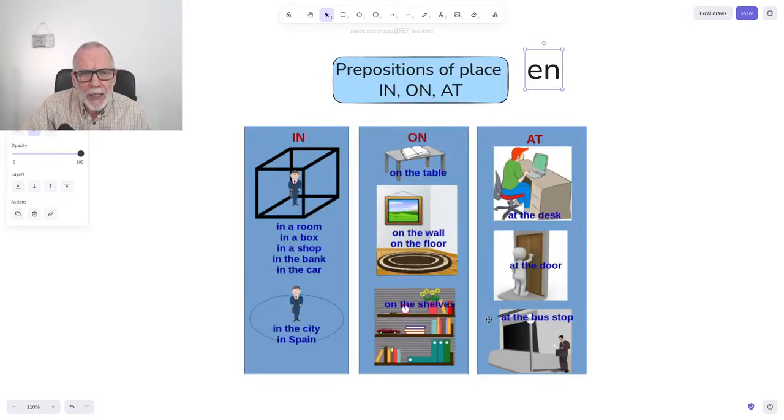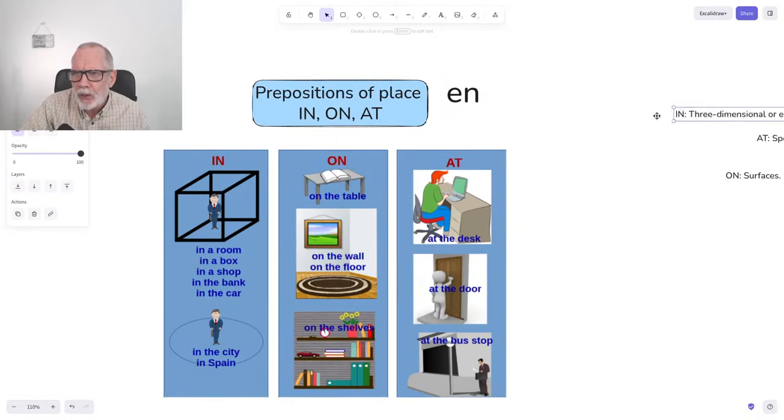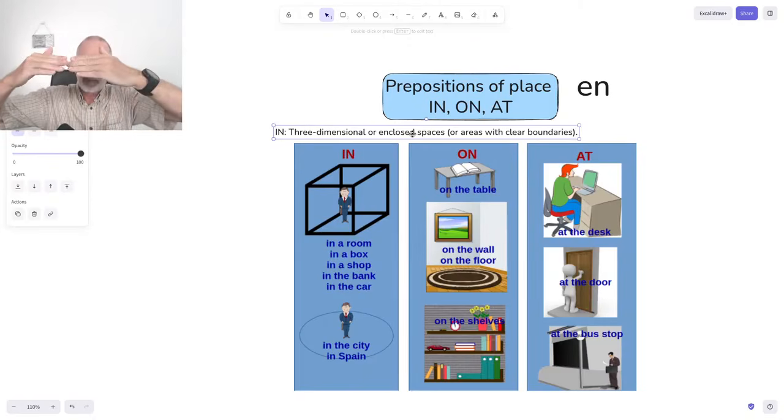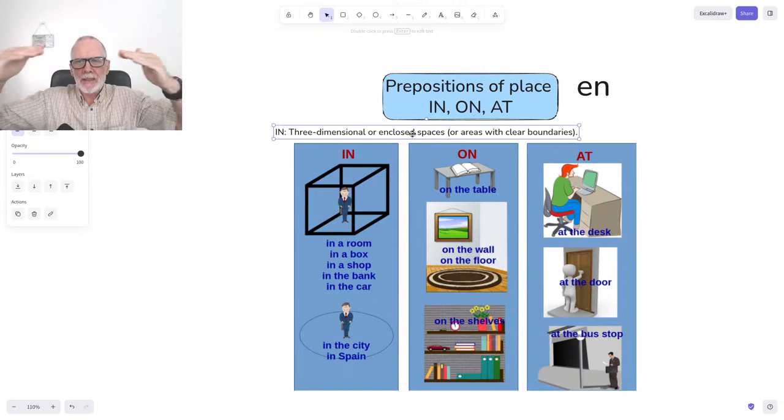So, primero, in. La regla básica para usar in es para espacios de 3 dimensiones, o espacios que vemos como cerrados, con las partes afuera claramente definidas.